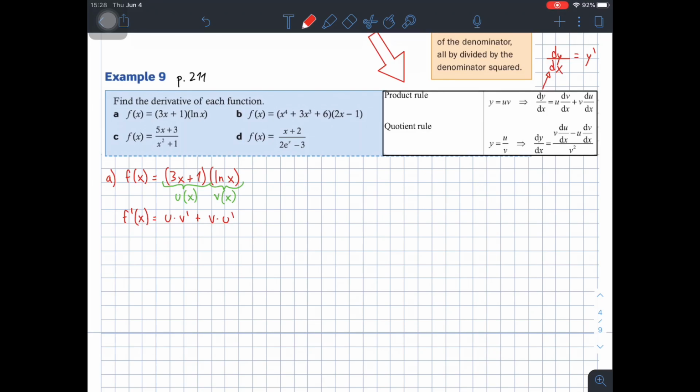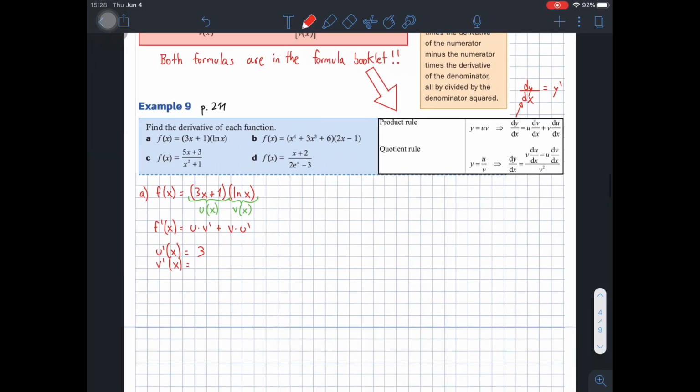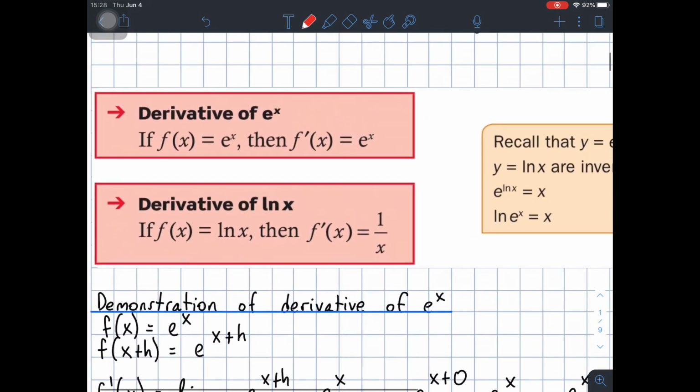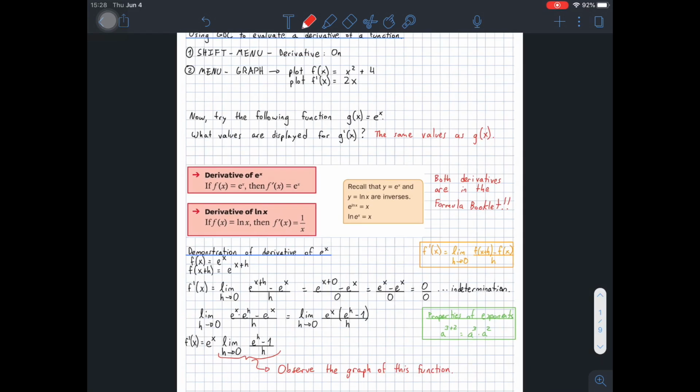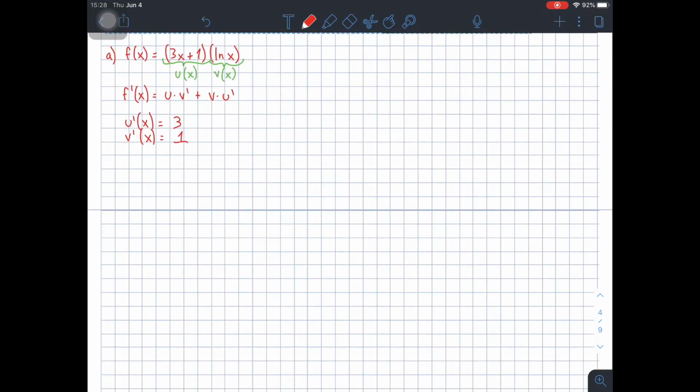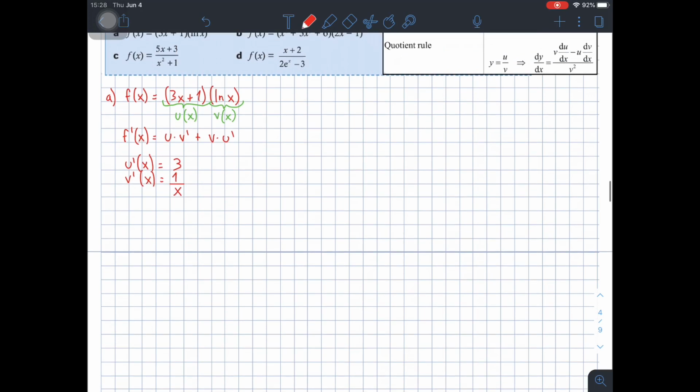It's better if we write u of x, u prime of x. In this case, u prime of x would be equal to 3, right? The derivative of 3x plus 1 is 3. And the derivative v prime of x, if it's natural logarithm of x, the derivative of natural logarithm of x, if you remember from last class, is 1 over x. Okay, so the derivative in this case is 1 divided by x. So once we have all of the elements, we can find the derivative of f.